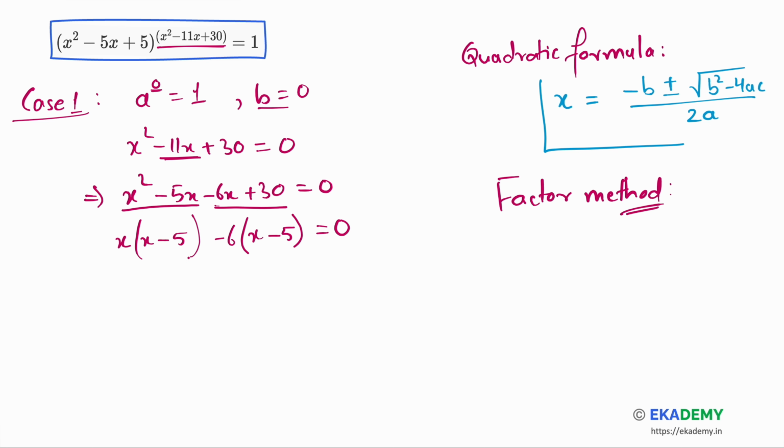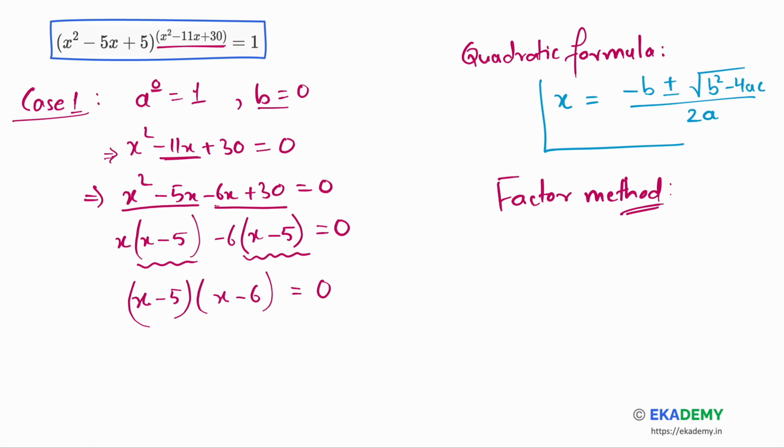Now, we have two terms, and x minus 5 is a common factor in these two terms. So, just take it out, x minus 5. Inside the bracket x minus 6 is left, and this equals 0. So, basically we have converted the given expression into its factor form. So, we have got two factors of this expression.